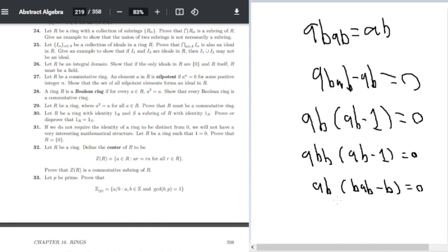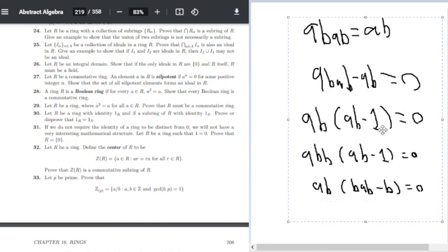Alright. So we have this. Ah, the question again. What can we do with this? Oh, my brain is really not on it today. So AB, BAB, minus B is equal to 0.